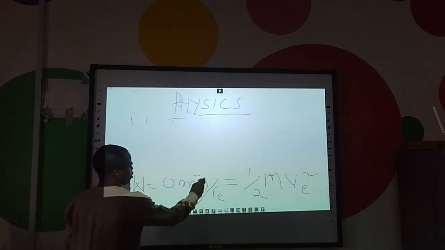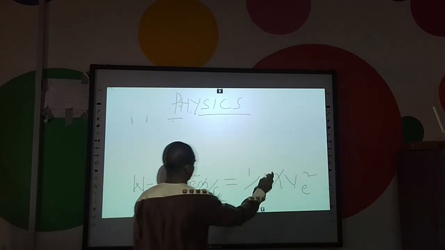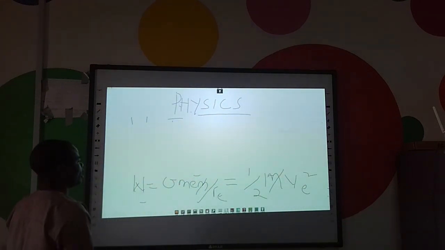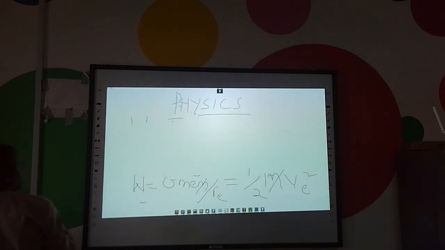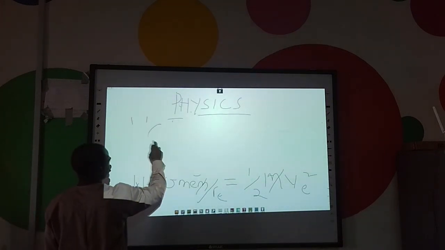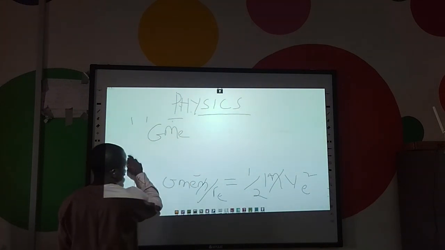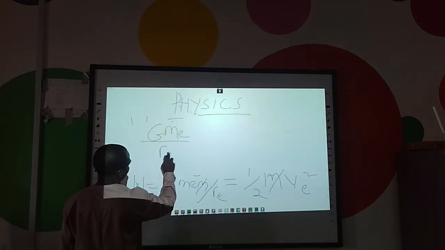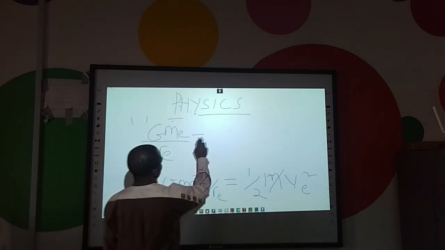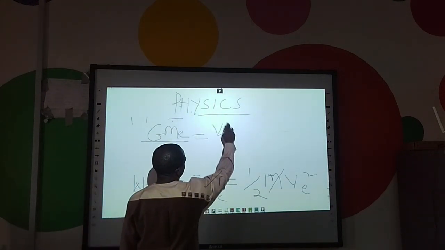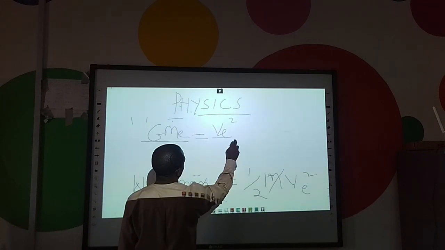From there, mass cancels mass. We are left with G M E over R E equals V E squared over 2.